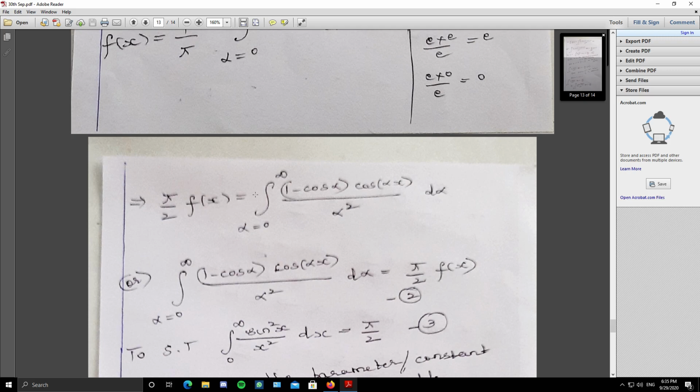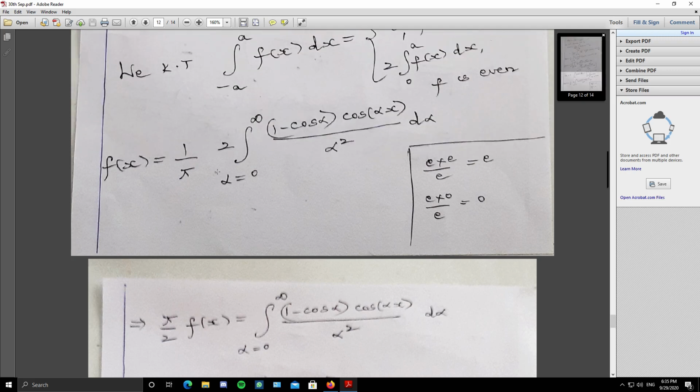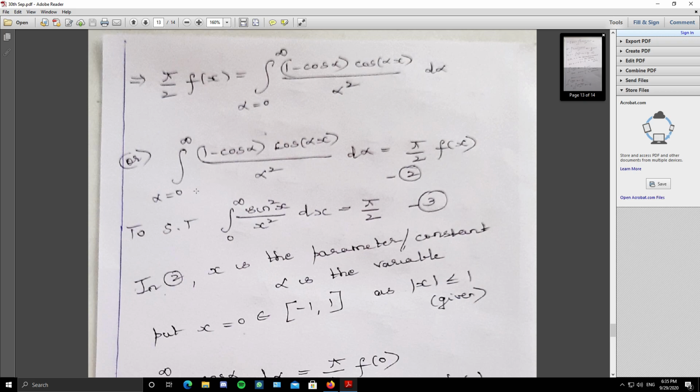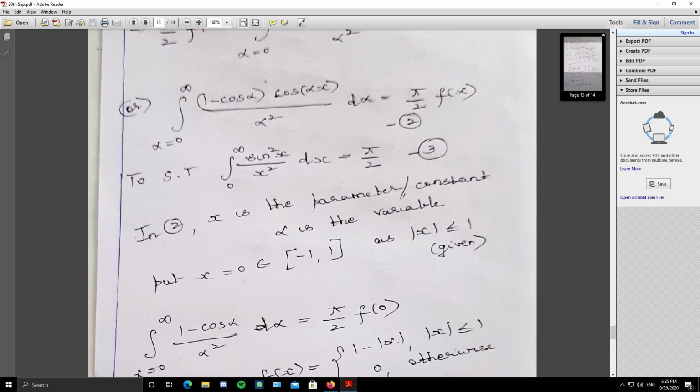So pi by 2 f of x equals the right side. It is cross multiplied. Then we have rewritten this: left side equals right side, and in the next step they are interchanged. So integral 0 to infinity (1 minus cos alpha x) by alpha square d alpha equals pi by 2 f of x. So we have got this expression.